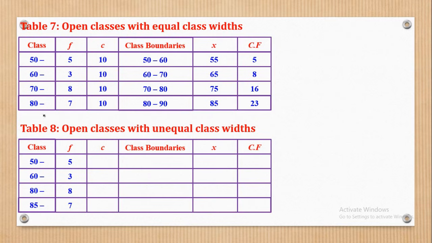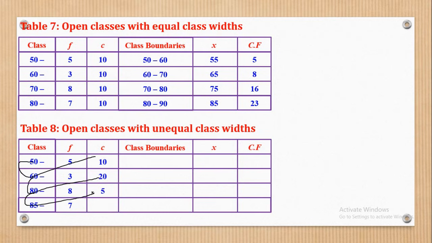Okay, so now we shall go to the last table, which is table 8, open classes with unequal class width. Just like we did, we are going to start from the top going downwards. So this minus this, put it here. Then this minus this, put it here. Then this minus this, put it here.